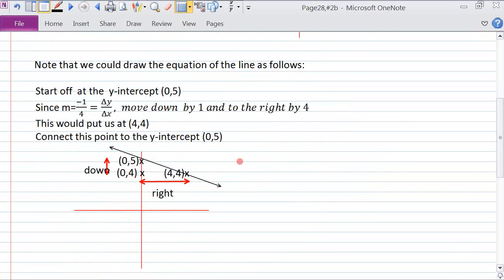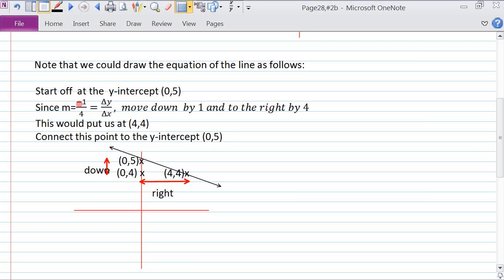Now, supposing we were asked to draw the equation of the line, this is just an additional point on this. One way we could draw the line is start off at the y-intercept 0, 5, which is this point right here. Okay. So we start off at this point 0, 5, and move down by 1. Why?